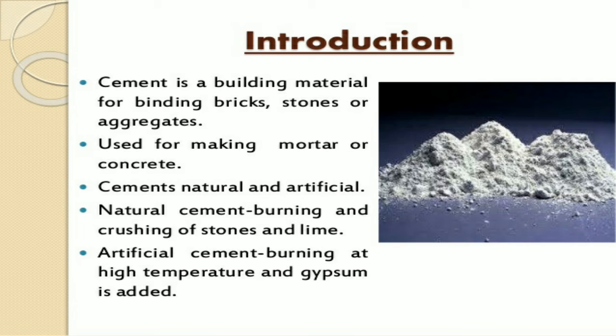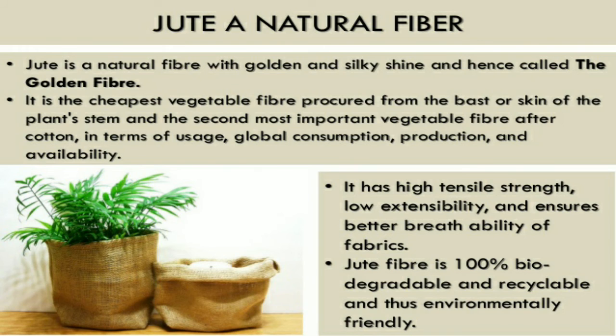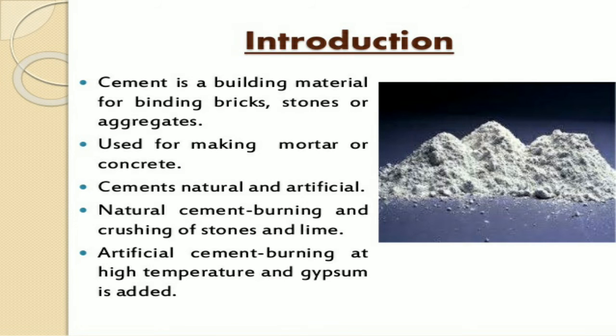Natural cement is made by crushing stone and lime, and artificial cement is made at a high temperature with gypsum added. So, brick and cement both are used in making homes.